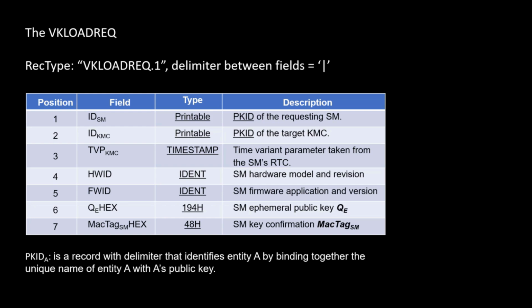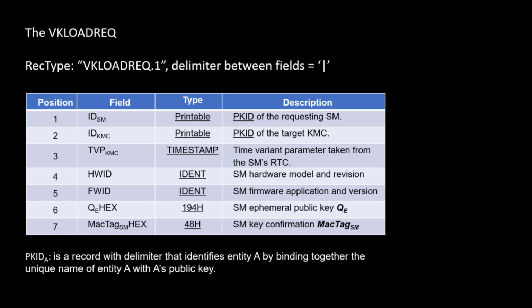In 4, you have the hardware ID, and in 5, the firmware ID. The hardware ID contains the SM hardware model and revision, and the firmware ID is the SM firmware application and version. Then you have Q hex, 194 hex characters, which is the secure module's ephemeral public key, QE.